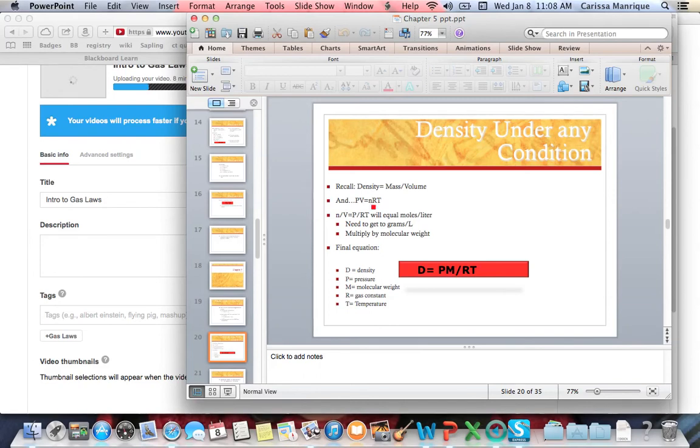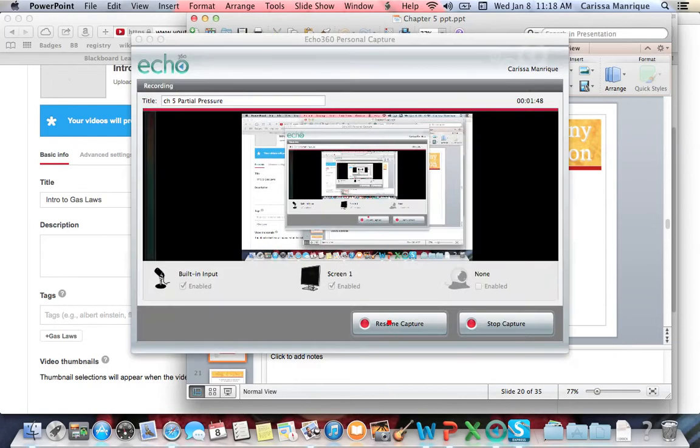If we move everything around, we get moles per liter, n over V, equals P over RT. Then you have to multiply by the molecular weight because you don't want this in moles, you want it in grams.